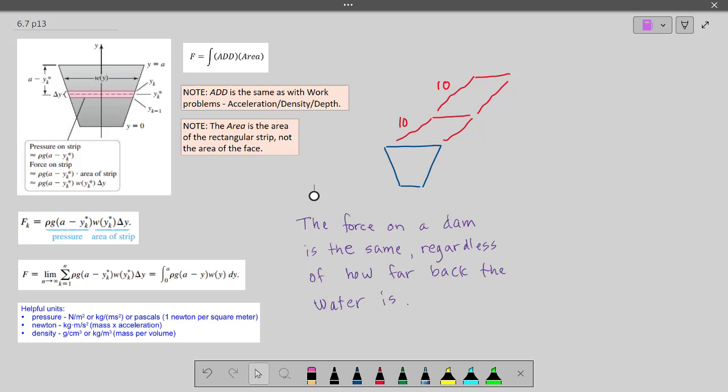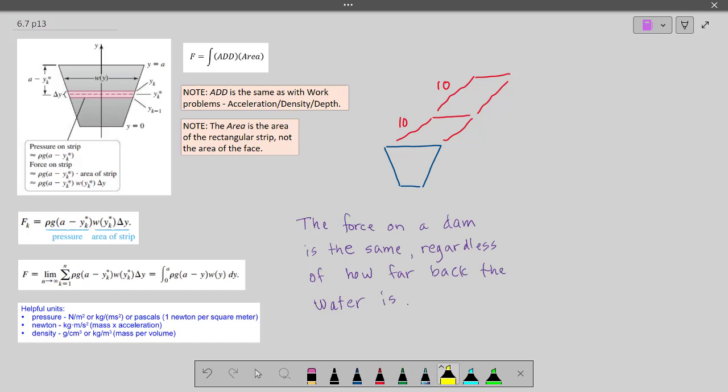Okay. Now, just like with volume, the volume was an elemental volume. In other words, we were getting the volume of a slice. So we had that dy piece, so we had a very thin slice. We weren't talking about volume of the tank, we were talking about volume of a slice. The same idea here, this area is an elemental area.